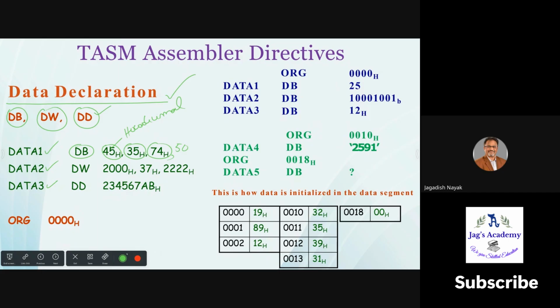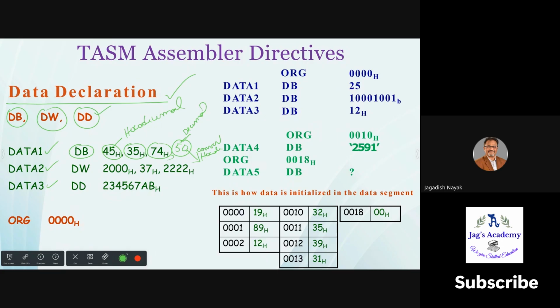So what is the microprocessor doing? The microprocessor is taking this data as a decimal data. It will convert it into hexadecimal, and that hexadecimal data is stored in the memory location. Have you understood this? This is very important for you to know.